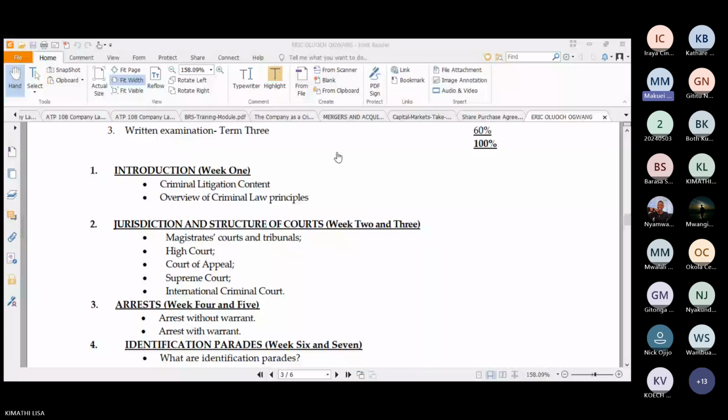First, I don't know if you have your books near you, because there are a few things I would like to highlight before I proceed to our course outline. That is on the areas that might be tested, especially on the aspect of drafting.